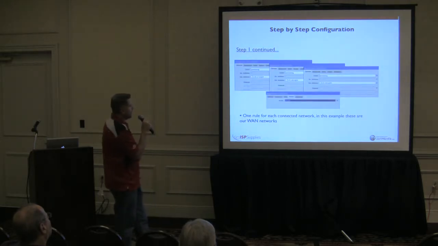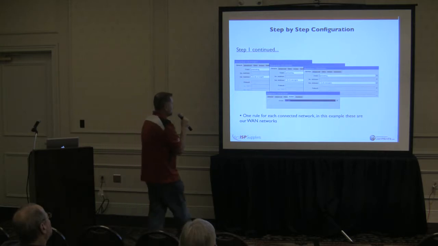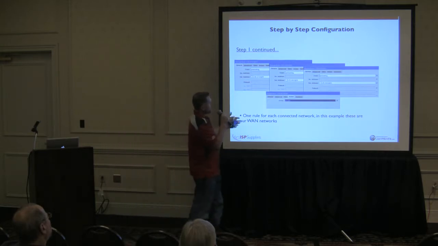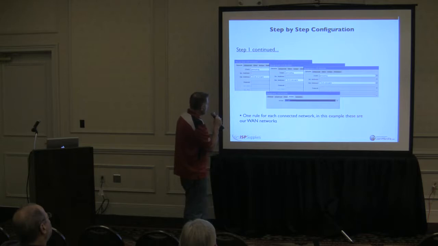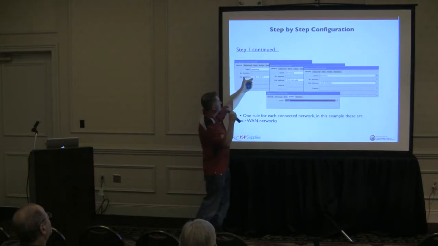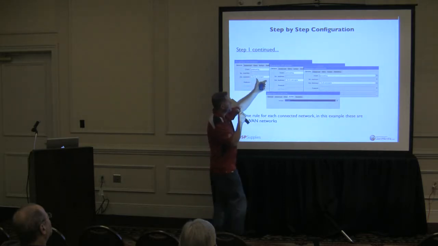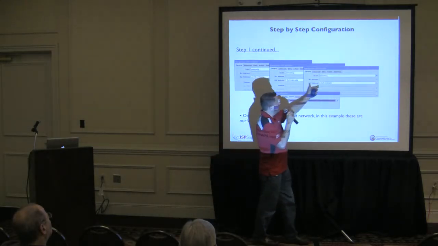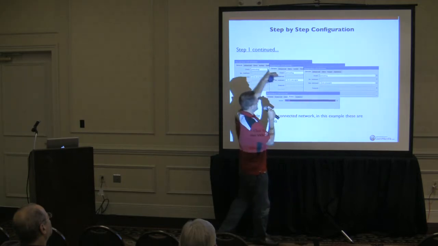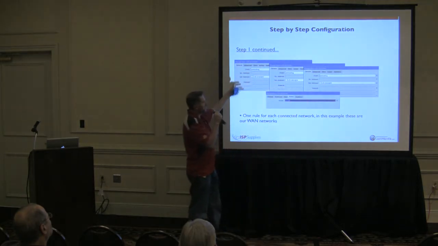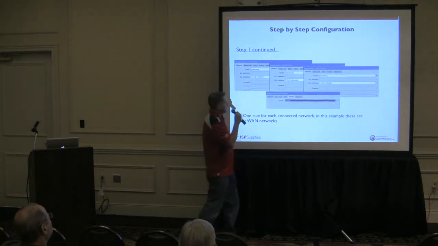So, step 1 in the configuration is to create one mangle rule for every connected network. In this example, the only connected networks are our WAN networks. So 172.17.0.0, 172.18, 172.19. These are the packets we're going to match, packets that should be local to the router. And we're going to use the action of accept.